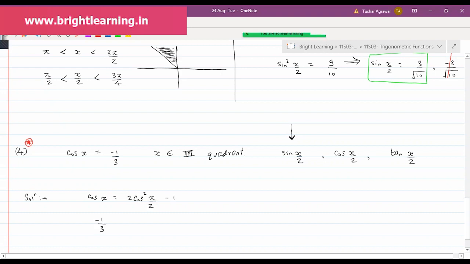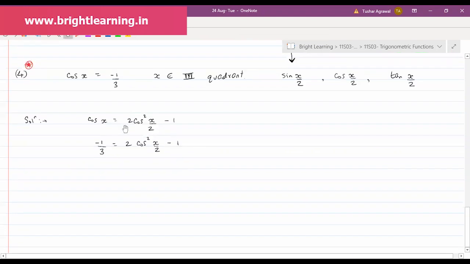So minus 1 upon 3 is equal to 2 cos square x by 2 minus 1. Just reshuffle: 1 minus 1 by 3 is 2 by 3, which is equal to 2 times cos square x by 2, so cos square x by 2 is equal to 1 by 3.